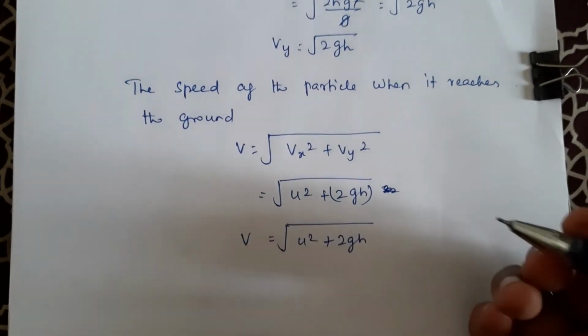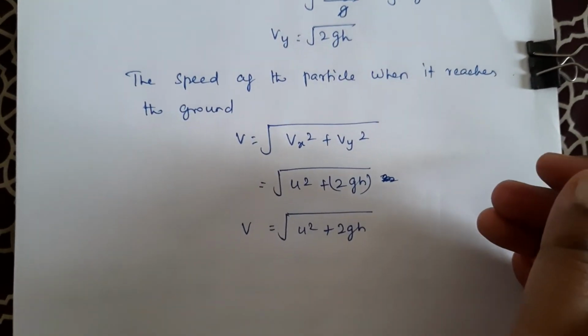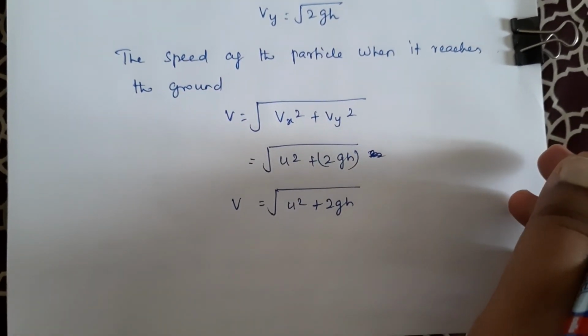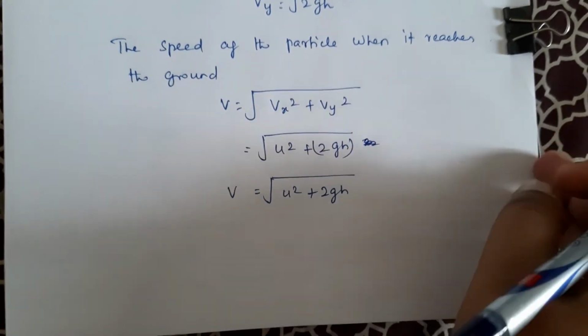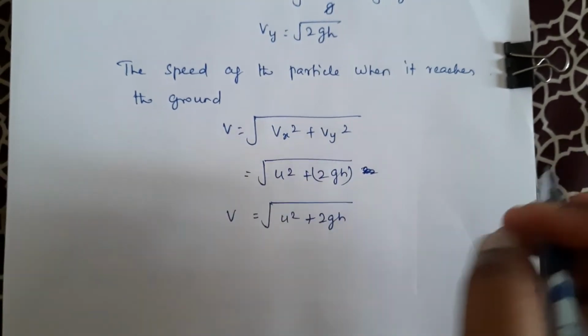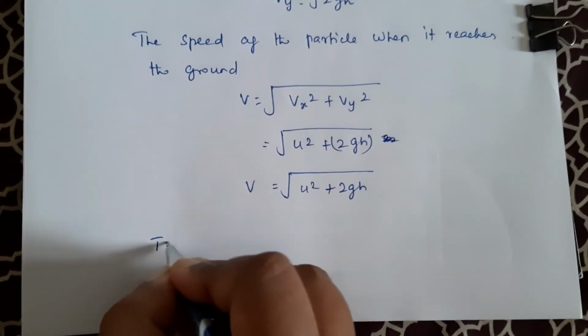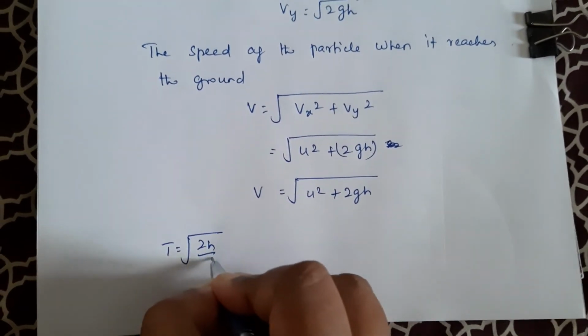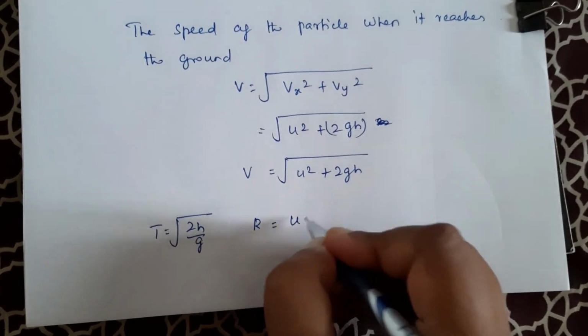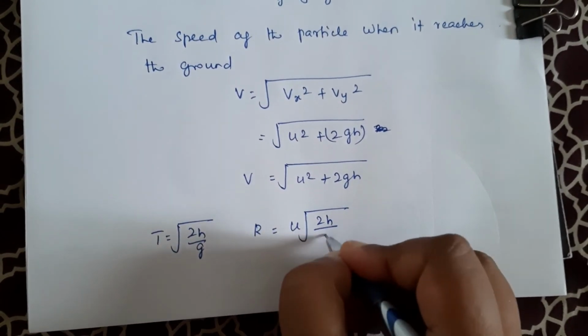So we have found out the time of flight, the range, the resultant velocity, and the speed of the projectile when it hits the ground. The time of flight we have found as t is equal to root of 2h by g. And the range as R is equal to u into root of 2h by g.